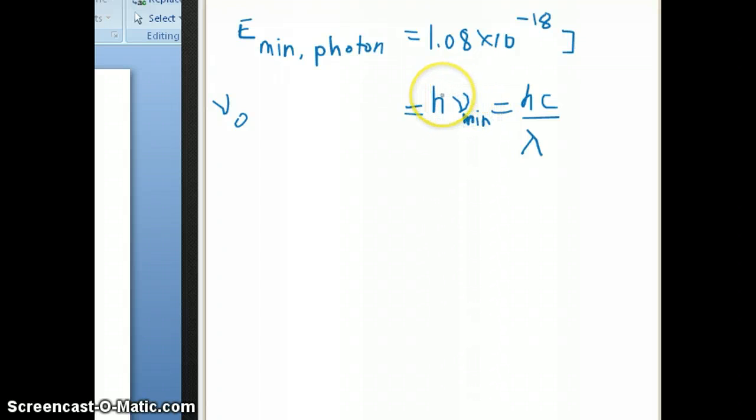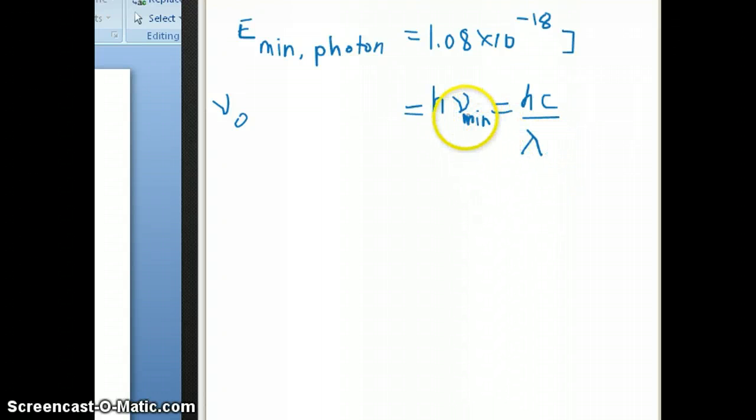Okay, but this question is not asking you about the frequency, it's asking about the wavelength. So if you write the equation in the form of wavelength, you have hc over lambda. You see that lambda, wavelength, and nu, frequency, have an inverse relationship. So the smaller the frequency is, the larger lambda is.